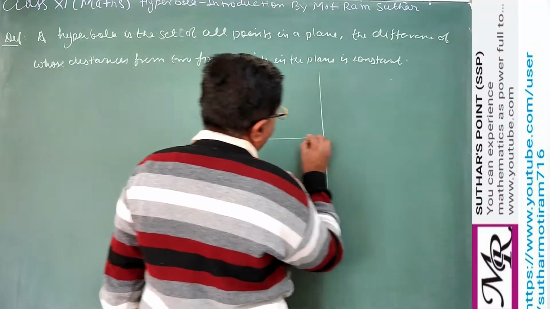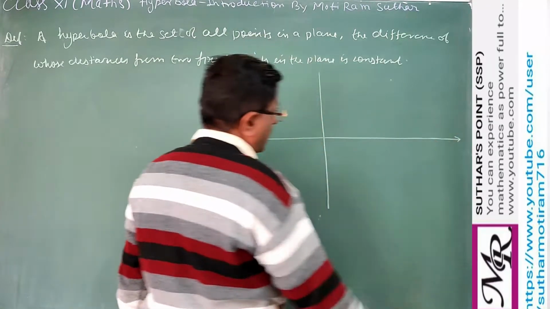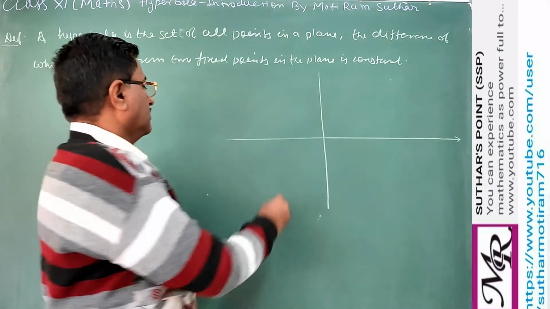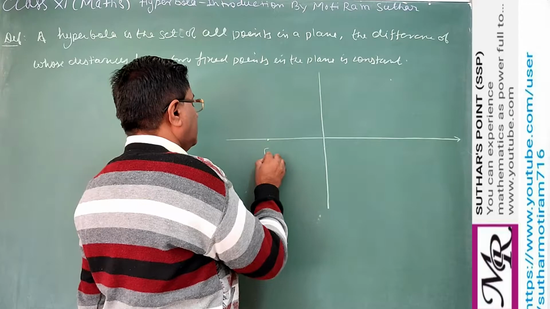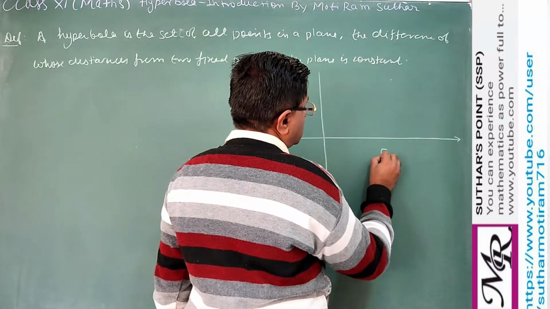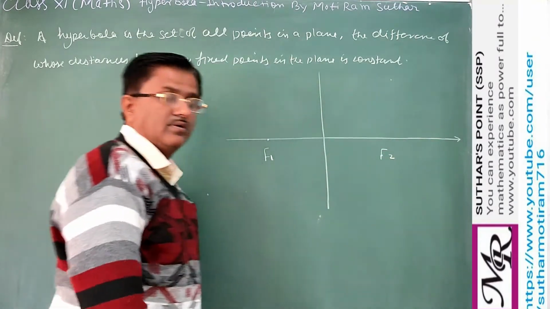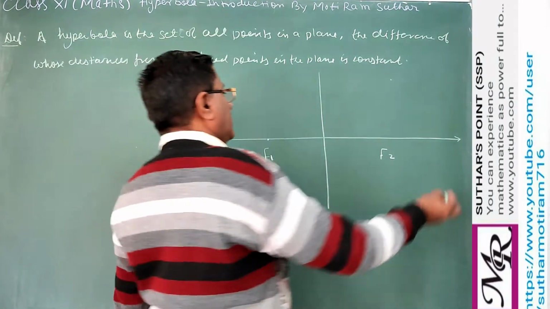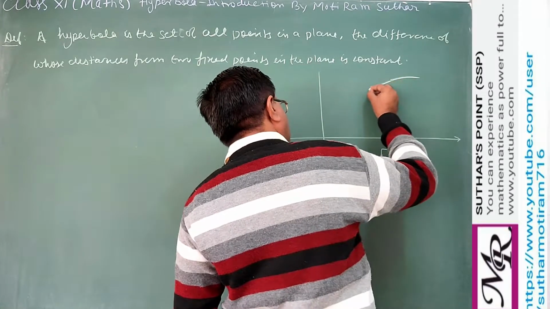If you want to draw the figure of this hyperbola, there are two fixed points. Suppose this is F1 and this is F2. Now there is a set of points which is moving here.